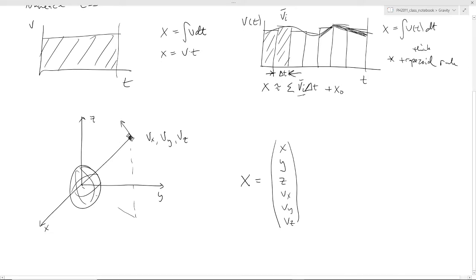Notice when we were doing this before, for each time step, we also needed the velocity. So we're going to need a general velocity that corresponds to this vector x that contains all the information about the system. And you can think of this as a for loop.